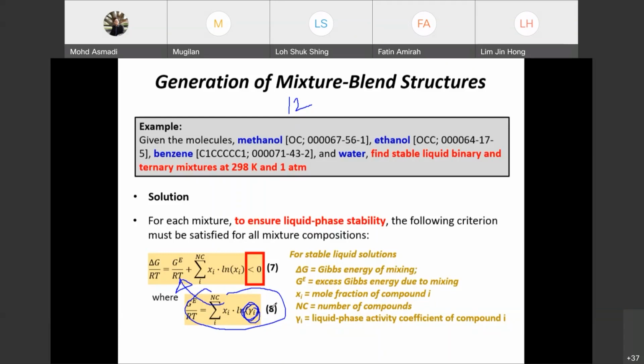So recall back, because in chapter 11 we have to calculate fugacity. To calculate the fugacity, we have to calculate the fugacity coefficient, whose symbol is phi.